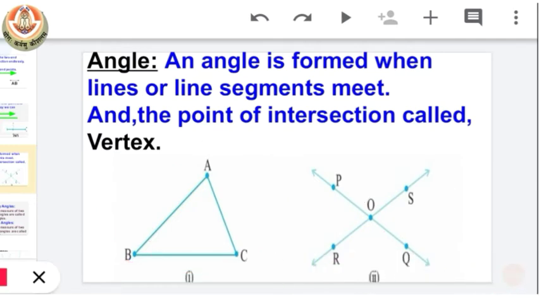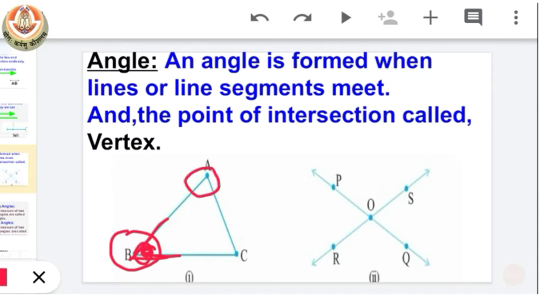Okay, now another important point is the point of intersection, called the vertex. Where these lines or line segments meet, we call that point the vertex. For example, in this figure, where these two line segments meet, the point where they intersect is called the vertex, and it is from the vertex that we can identify or define the measure of the angle.